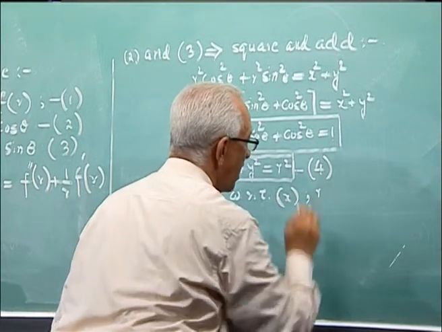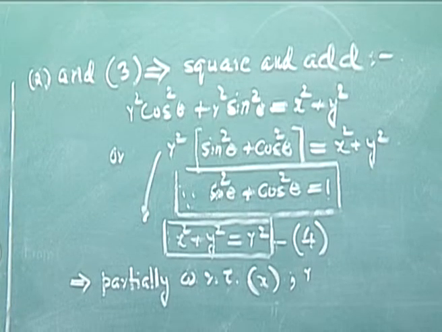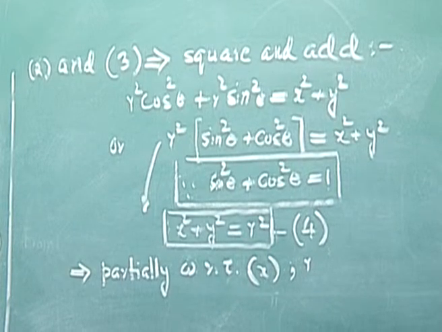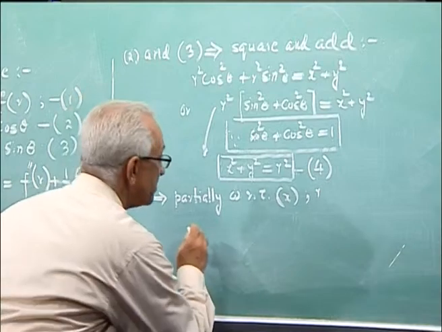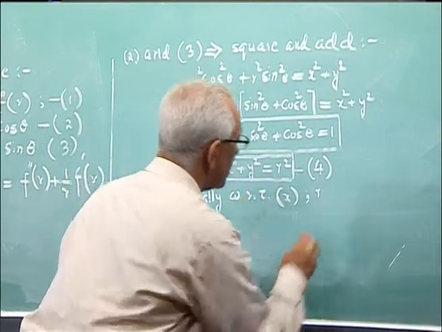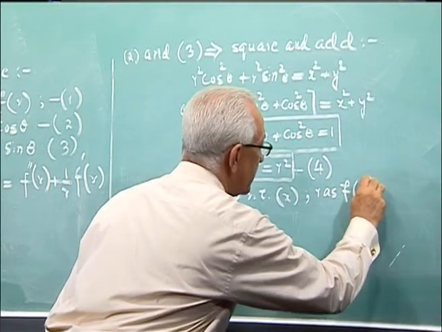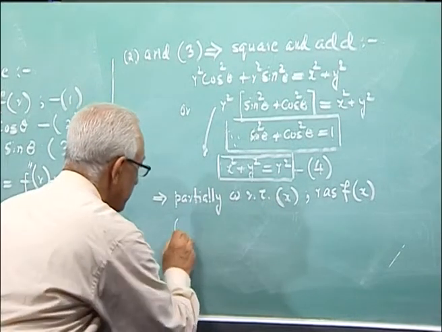Remember r, as I have told you, if you look into this particular relation, we have the given u is equal to f of r, and so this will be written with respect to r, so it will become 2r, r as a function of x. This is the important point, r as a function of x.